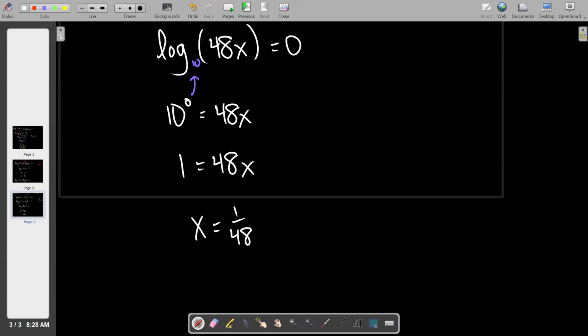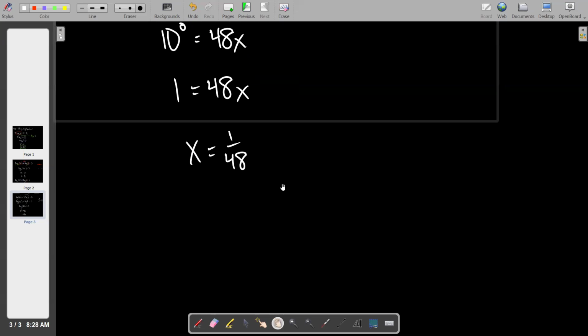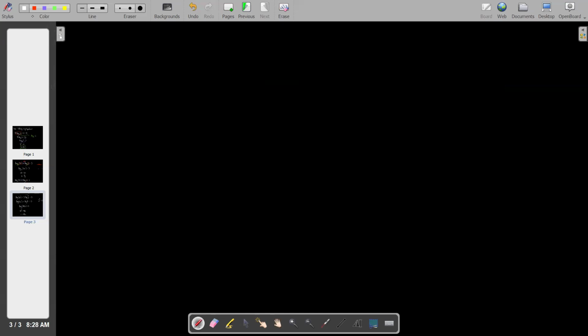Last one. Log base 2 of 5x minus 2 log base 2 of 2.